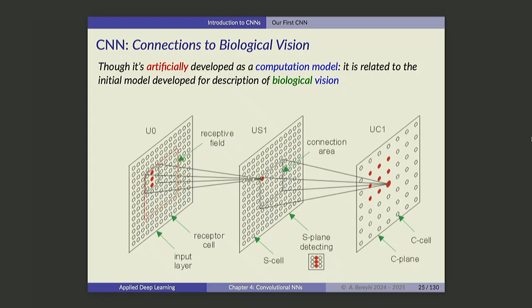Then they modeled it in this form: there is one layer of S cells, which they called simple cells. Every single cell is looking into one part of that visual scene and getting some signals out of it.